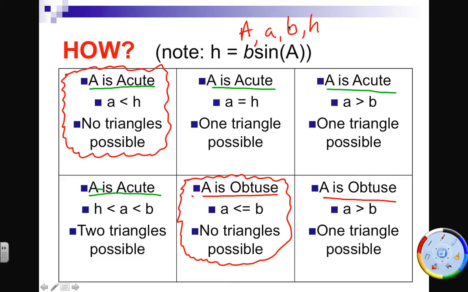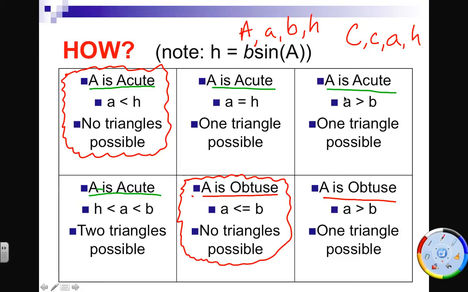Now, not all the times do they give you little a and b. Maybe they'll say angle C and little a. Well, you can still find the height. It just means that you're given the angle, the side opposite, and one of the other two sides. All of these properties still work. They don't have to be A and B. We just simplify it down to just saying A and B.